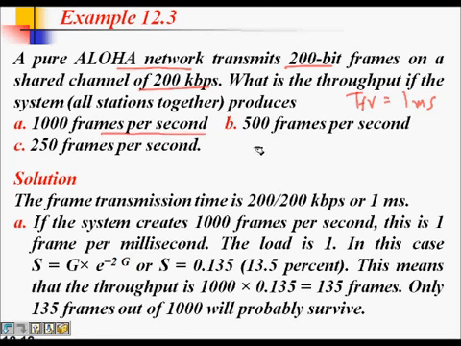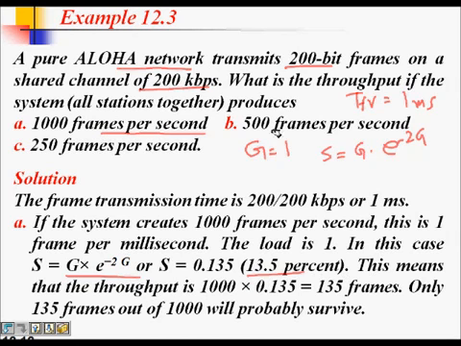If 1000 frames per second are sent, it means one frame is sent in 1 millisecond. So your G is equal to 1 frame per frame time. Okay, G is 1 here, so your S is G into e to the power of minus 2G. If you do the calculation, it comes out to be 13.5%.